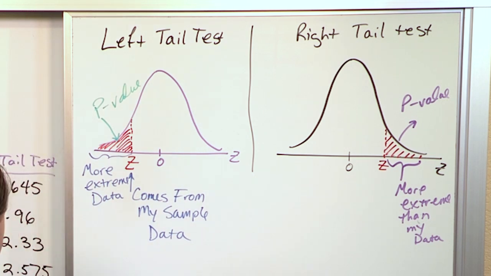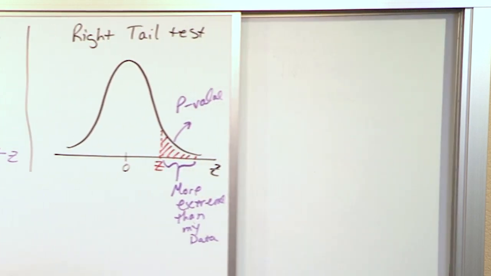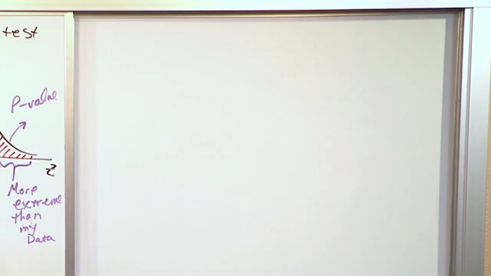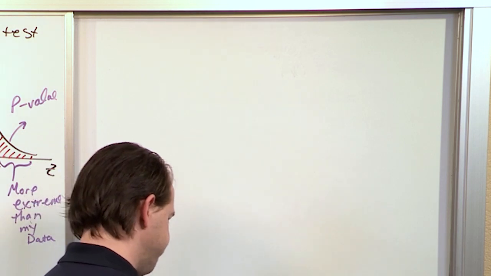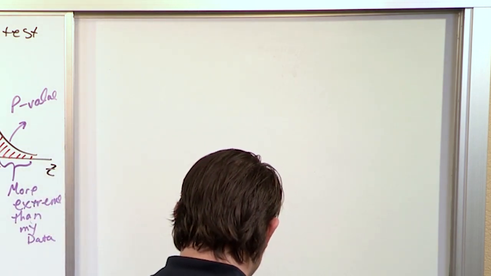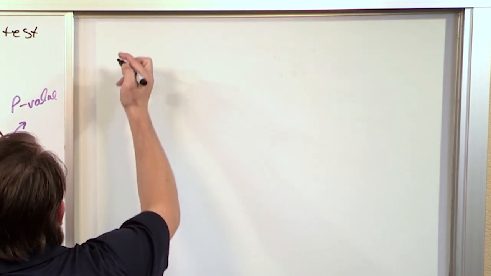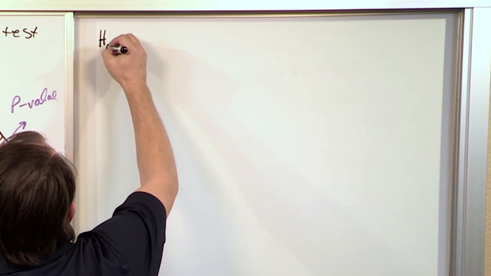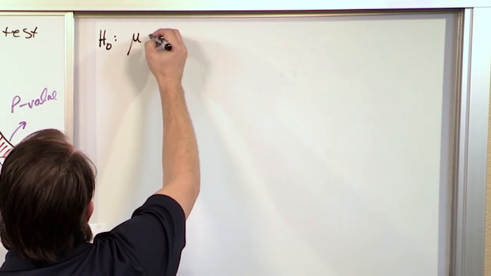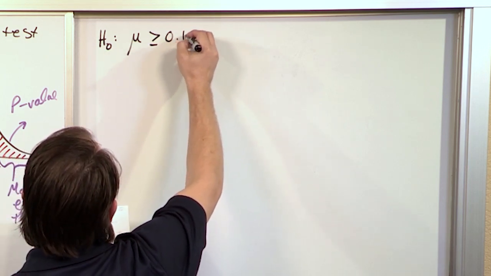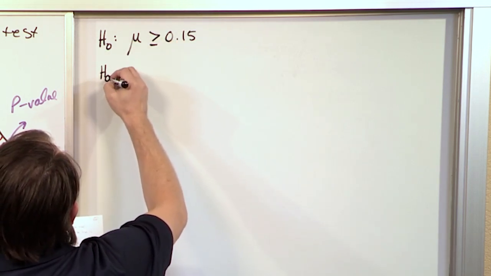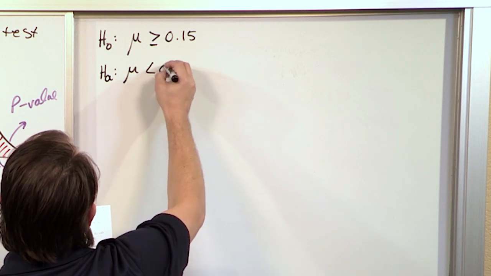Now there's one more case I want to show you, but actually, before we get to that, let me give a little bit more concrete examples of left and right tail testing. Okay, let's say, as an actual example, that the null hypothesis is that the mean is greater than or equal to 0.15, and the alternate hypothesis is that the mean is less than 0.15.